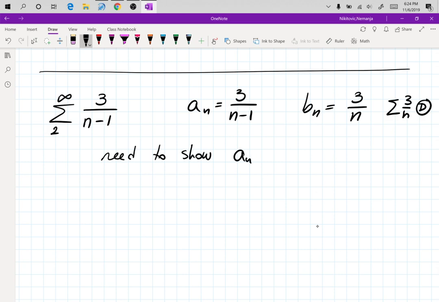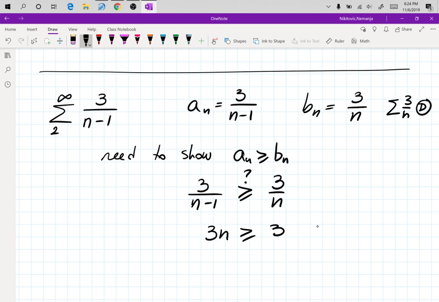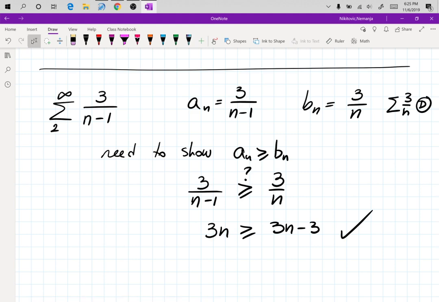Need to show an is bigger than bn. So plug them in. 3 over n minus 1 needs to be bigger than 3 over n. Cross multiply, you get 3n larger than 3n minus 3. That's true. So we have divergence.